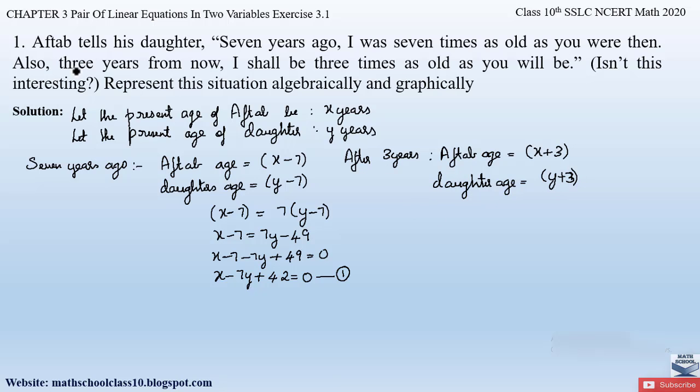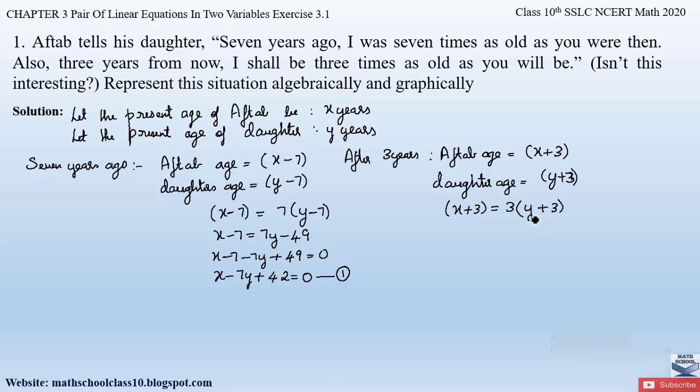Coming back to the question, 3 years from now, the father is saying, I shall be 3 times as old as you will be. So again, father's age, that is x plus 3 years, will be equal to 3 times the daughter's age, that is 3 into y plus 3.